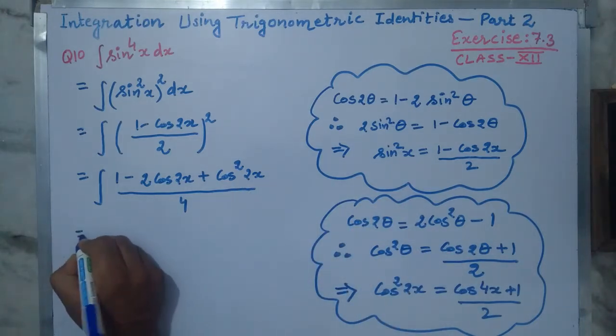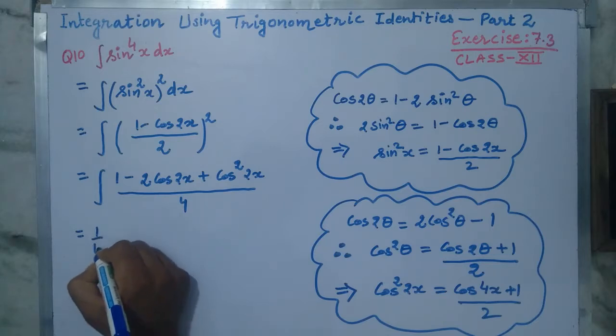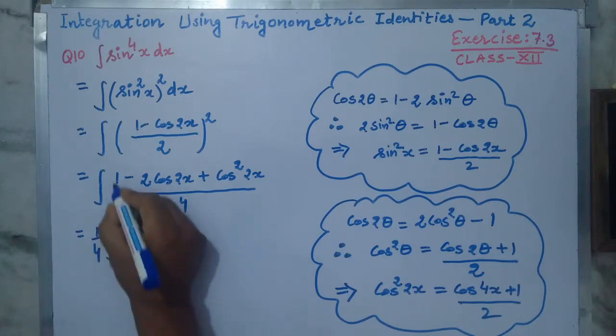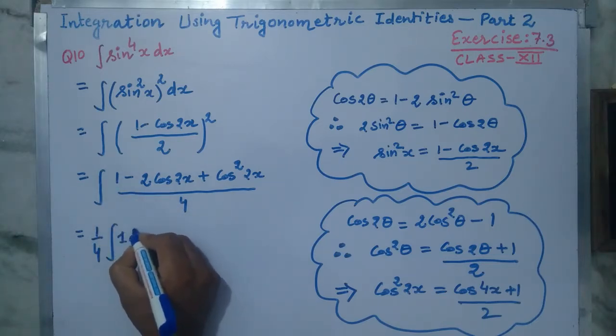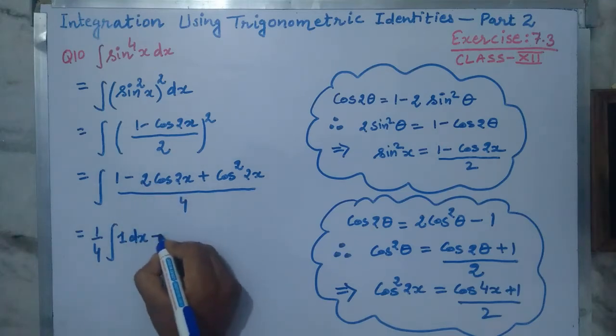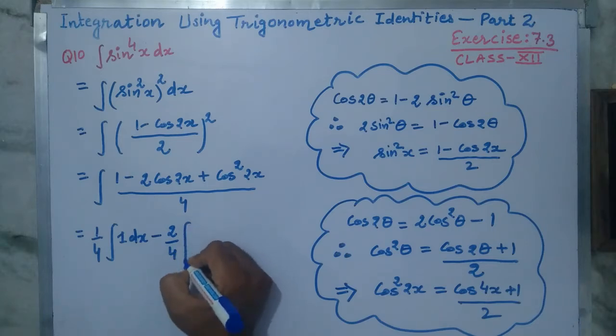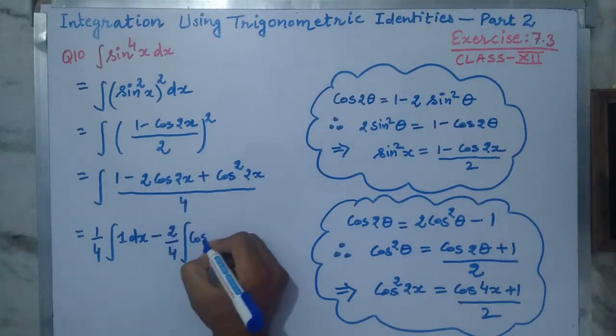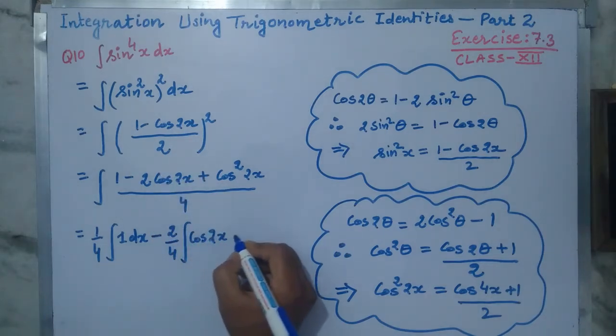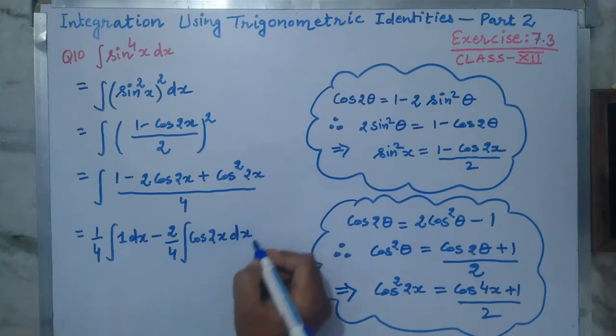So this is now 1 upon 4 outside, 1 into dx, minus 2 upon 4 outside, we have cos 2x into dx.